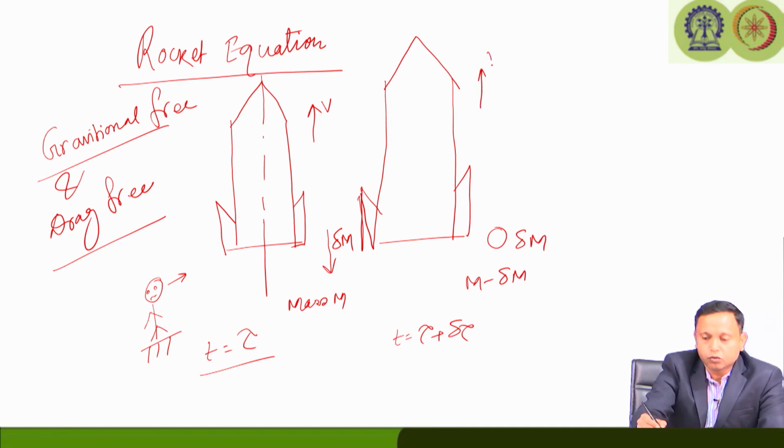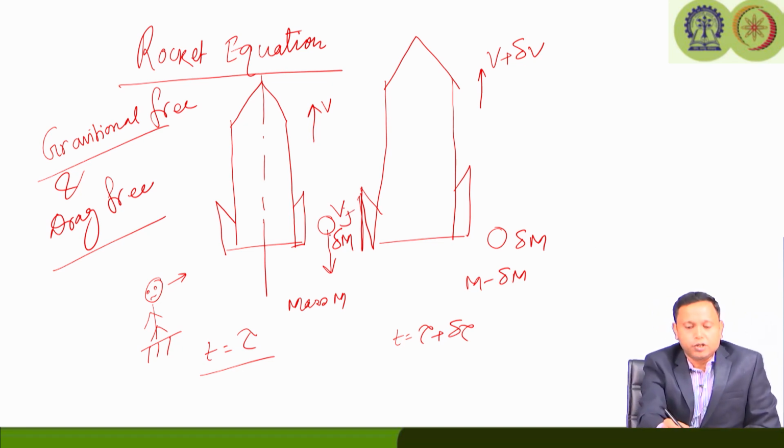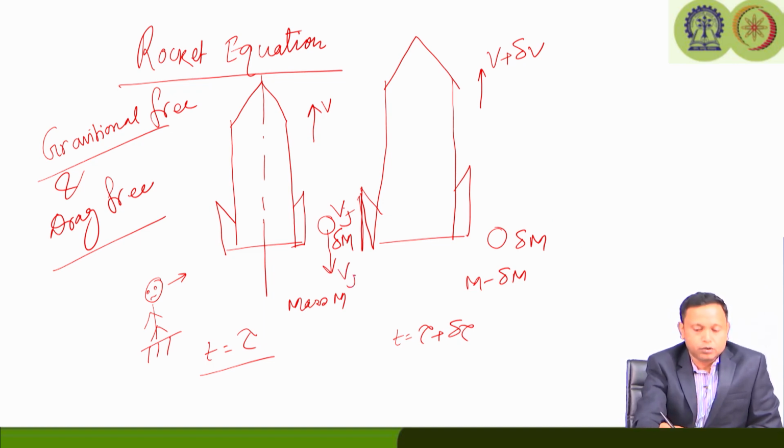The velocity has changed to v plus delta v. Now, the delta m is the ejected mass, and let us say the velocity of the ejected mass with respect to the rocket is v j, in the same direction here.